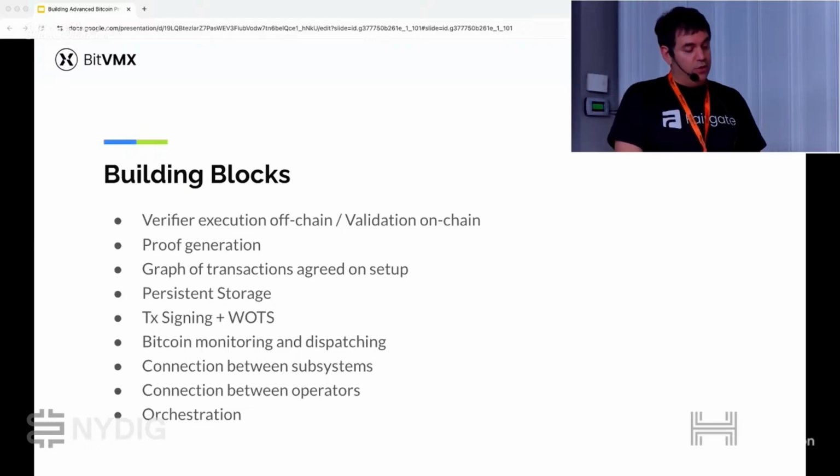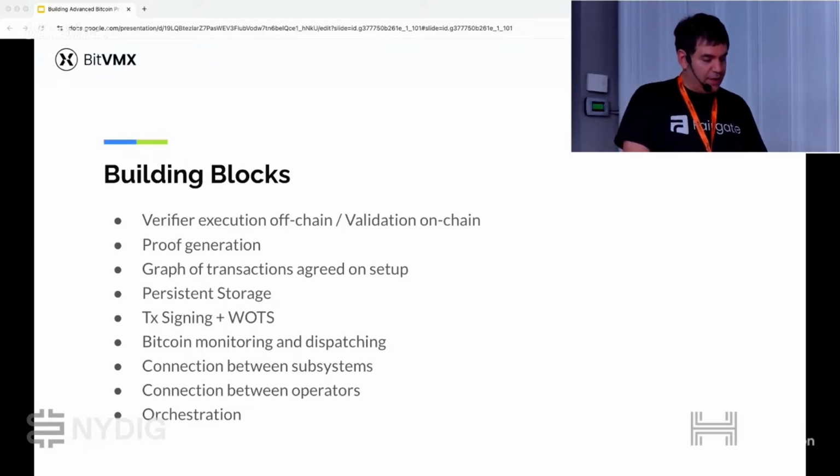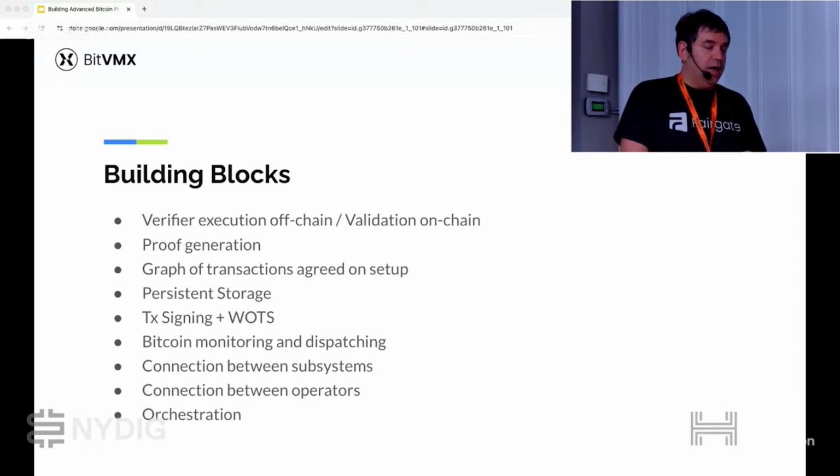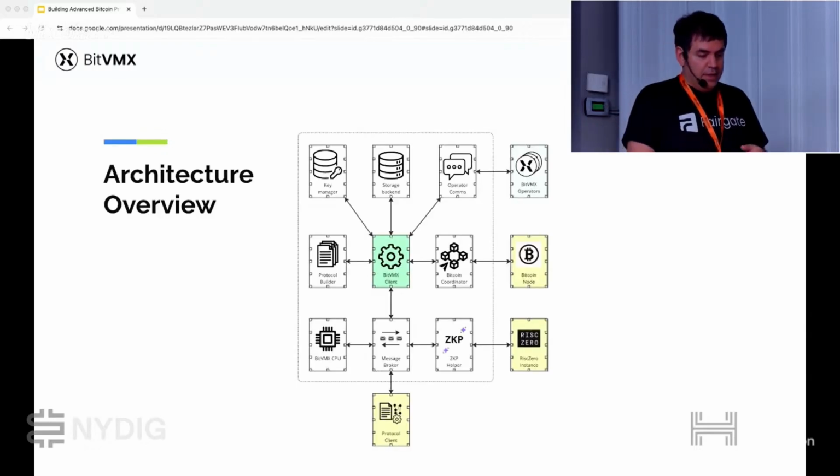So we need something that handles this type of signature too. Then we need something that handles the Bitcoin connection for monitoring and dispatching transactions. We need connections between subsystems and between operators. On top of that, there is the orchestration of all of this.